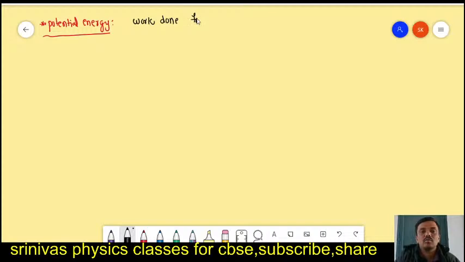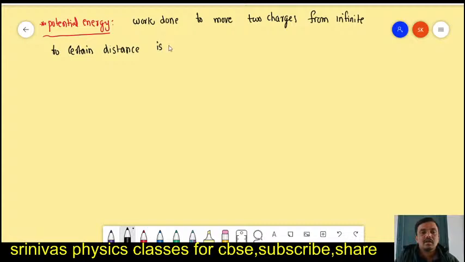work done to move two charges from infinite to a certain distance is called potential energy of a system of charges.